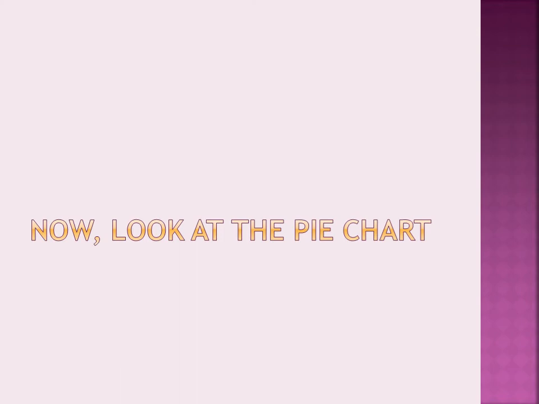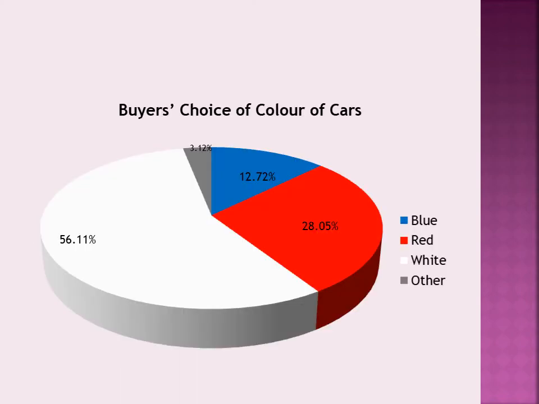Now let us look at a pie chart. So what the pie chart represents: buyers' choice of color of cars. And there are different colors mentioned: blue, red, white, and other. White color is 56.11%.